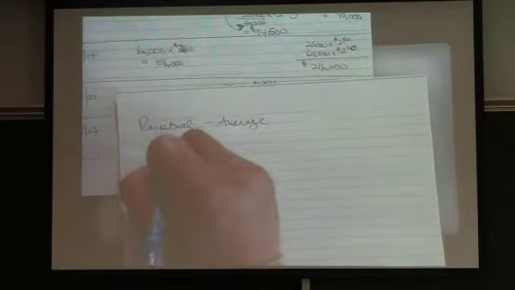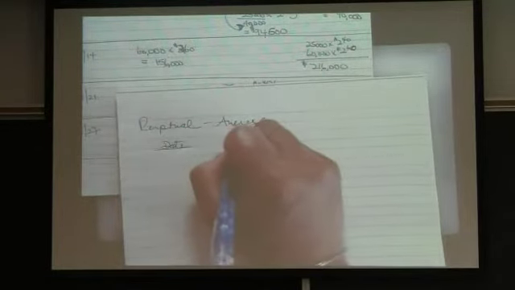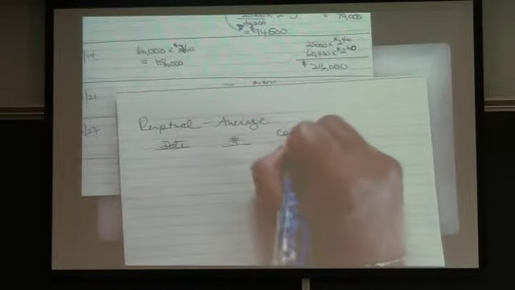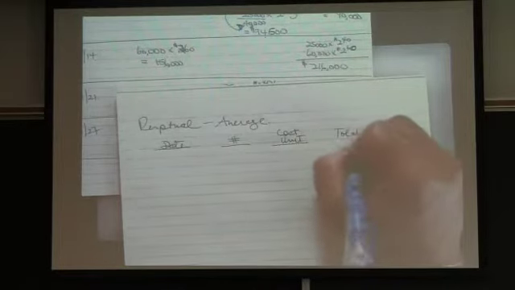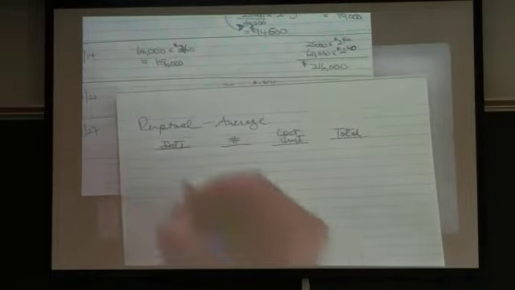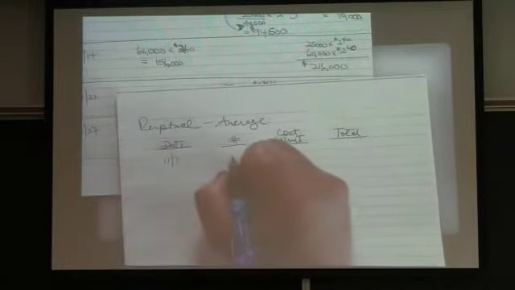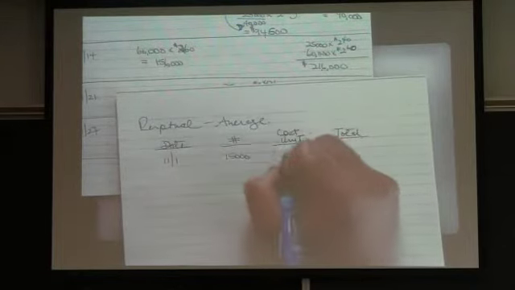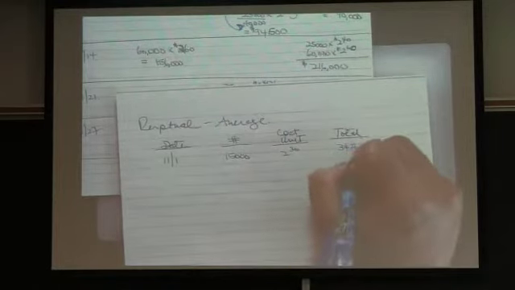So we've got date, number of units, cost per unit, and this is total. So you've got beginning inventory. We're going to use November 1st. We had 15,000 units at $2.30. That gives me 34,500.